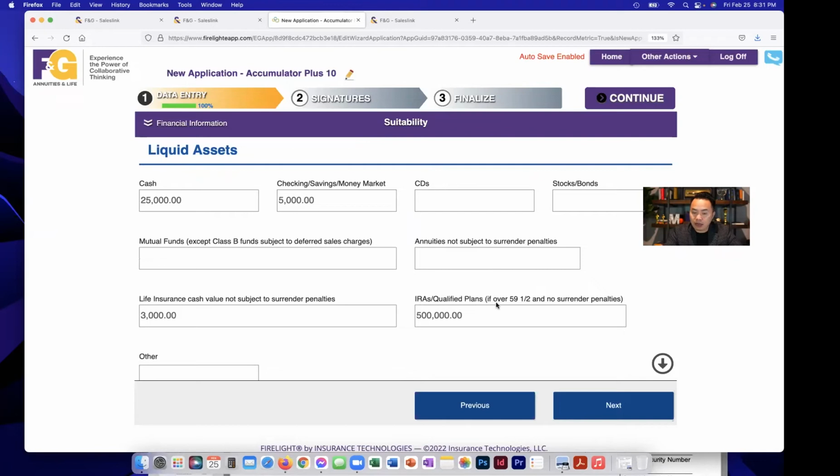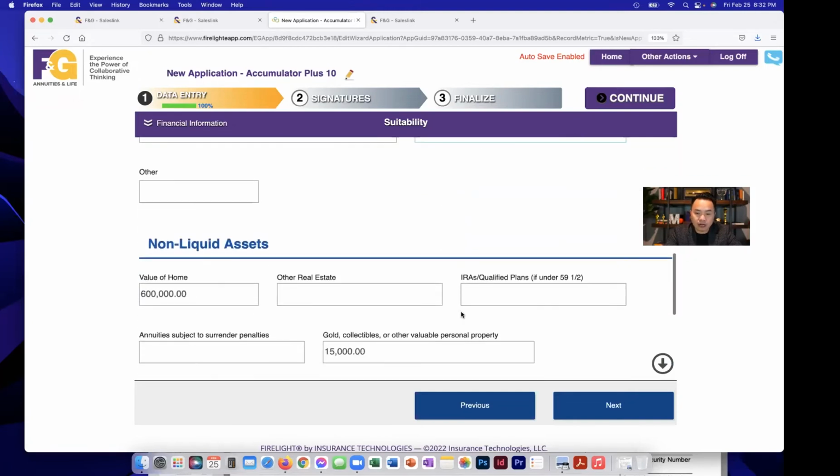My client happens to be 62 years old. If he's, let's say, 45 years old, this amount will not belong in this box. You have to read: if over 59 and a half. My client happens to be over 59 and a half.